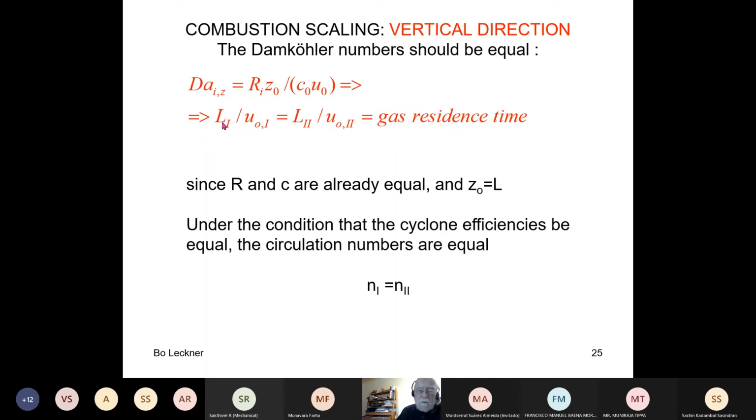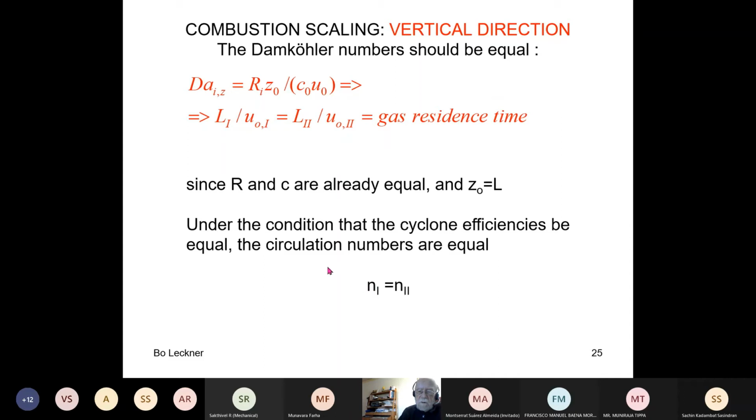And as I said before, this leads to some rather simple considerations regarding the reactor and the gas. Previously we were discussing concentrations. Here it is focused on the gas residence time. So they should be similar in two reactors. But also the number of turns in the cyclone should be similar.